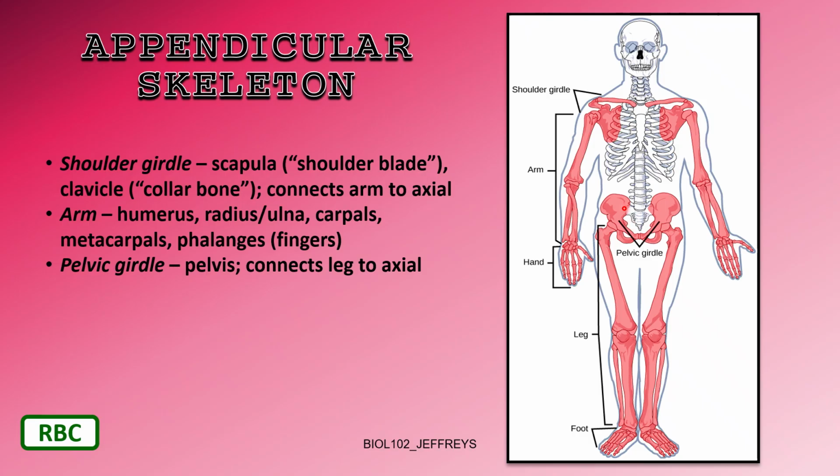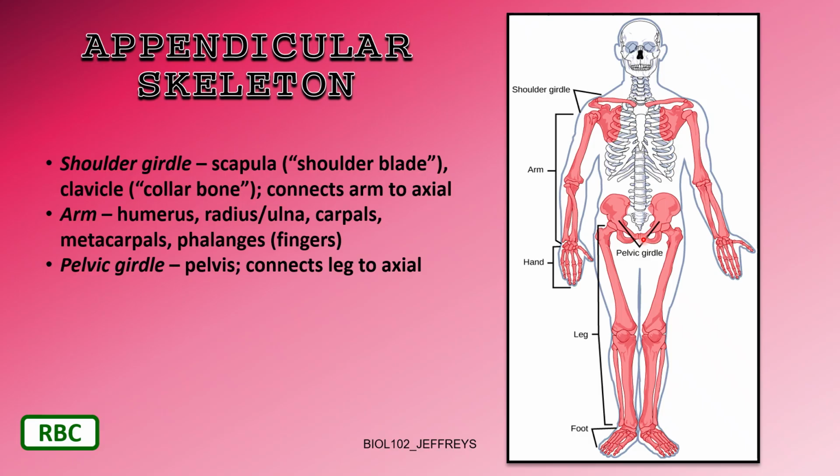So the pelvic girdle consists of two pelvises, one on the right, one on the left, and they're connected. Of course, they articulate with the sacrum, the axial skeleton, but they are connected here in the center by a little pad of fibrocartilage called the pubis symphysis. We'll look at that a little bit closer.